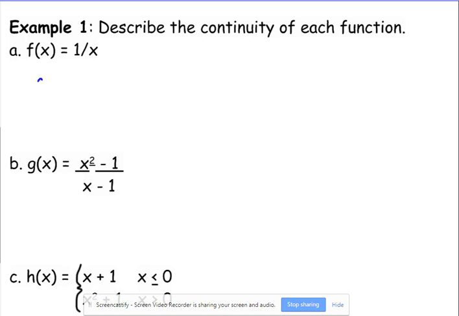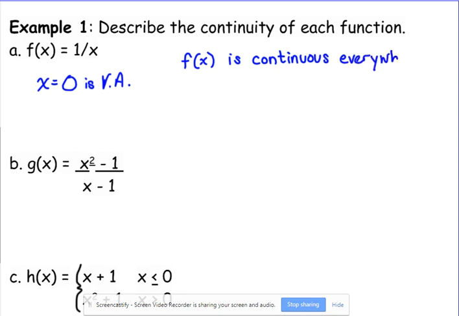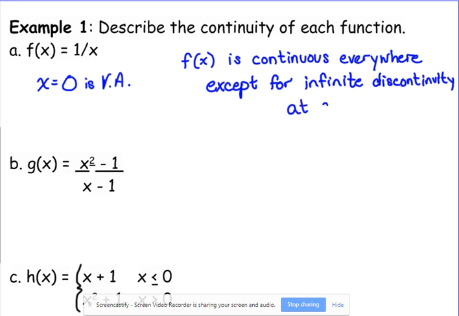No hole because we can't factor and cancel anything, so the denominator set equal to 0, x equals 0 is a vertical asymptote, but let's put it in calculus terms. f of x is continuous everywhere except for an infinite discontinuity at x equals 0. Okay, I'm trying to get you used to the vocabulary here.